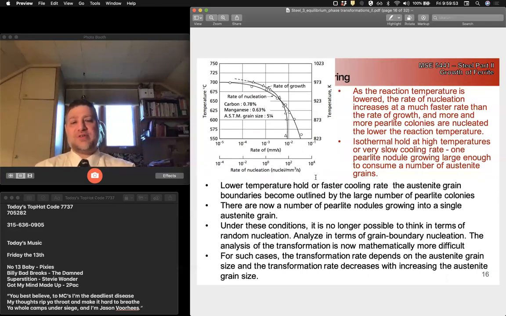Eventually, these will have to swing back, right? As we get to larger and larger undercoolings, they're going to swing back. But in practice, that doesn't happen in steels, because if we get to stronger undercooling, we move away from the formation of perlite, and we will instead form either Widmanstätten or bainite structures.